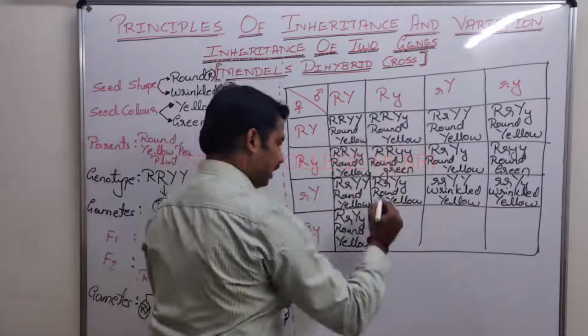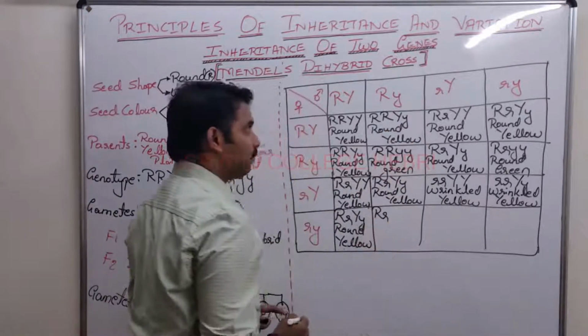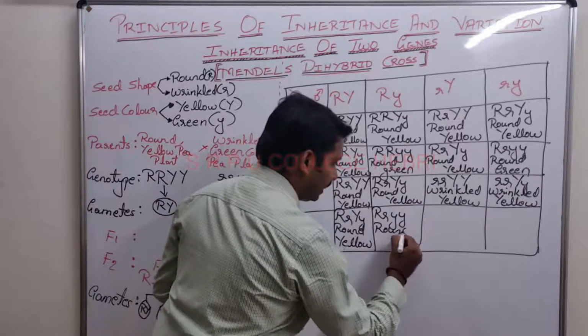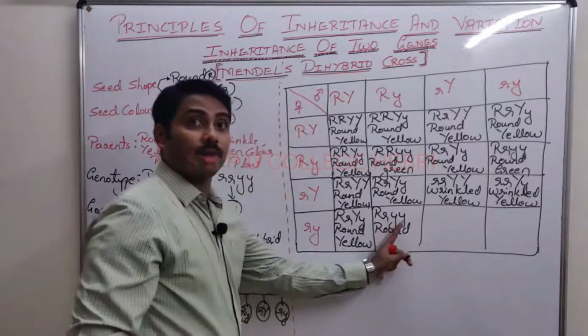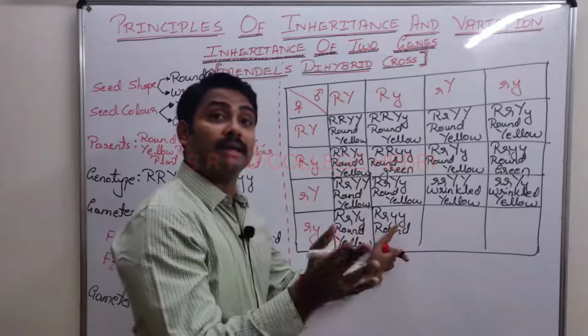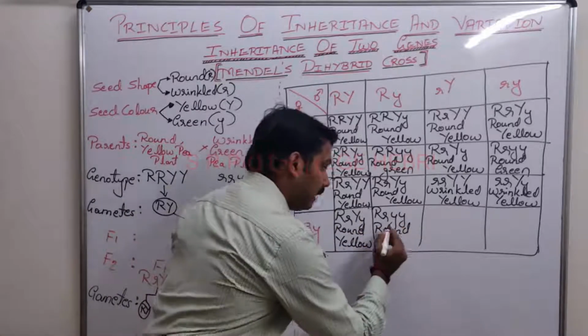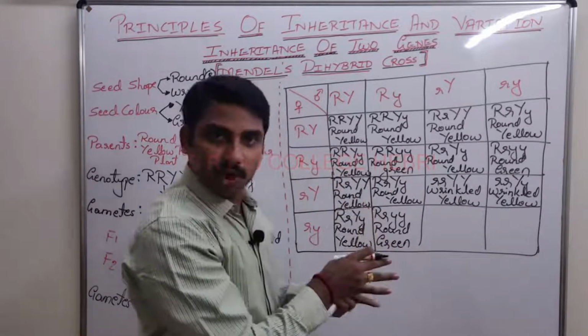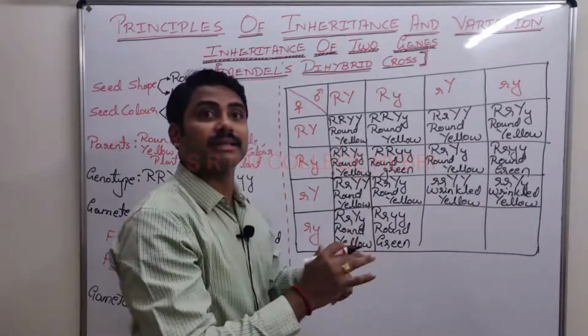Yellow. What about here? Capital R, small y. It is round, small y. There is no dominant allele for seed color, hence it becomes what? Green. In the absence of dominant allele, it gets the recessive character.